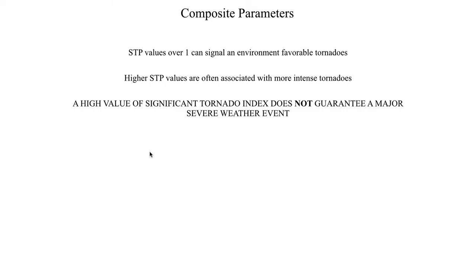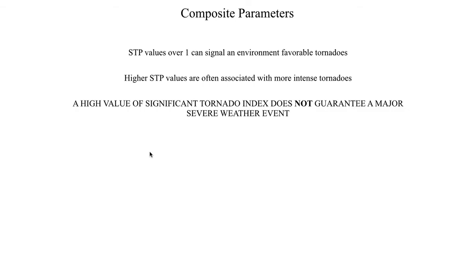And this is something that comes up every spring. You see people, especially storm chasers, on social media posting, "Look at the massive STP values. This is going to be a big day, y'all." And then it turns out to be nothing, or not as big as maybe they were hoping.